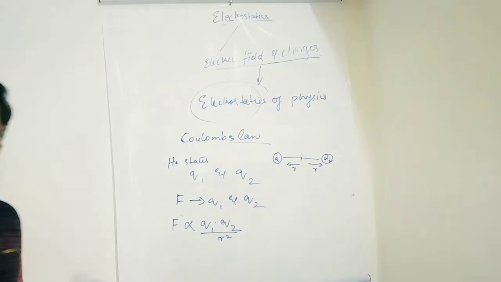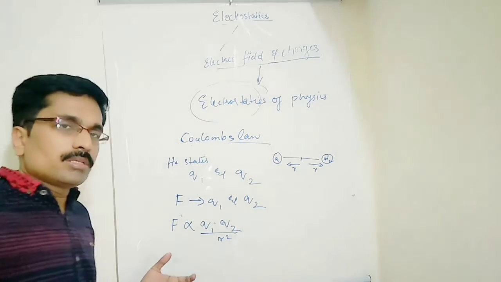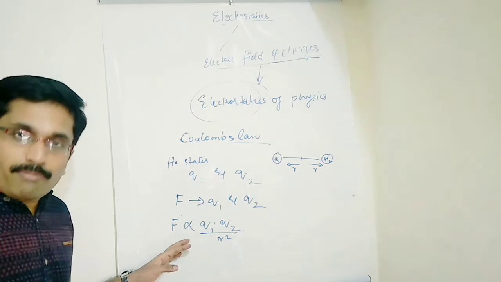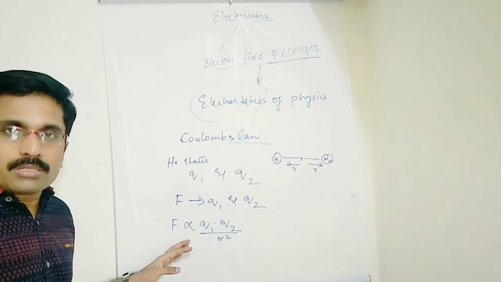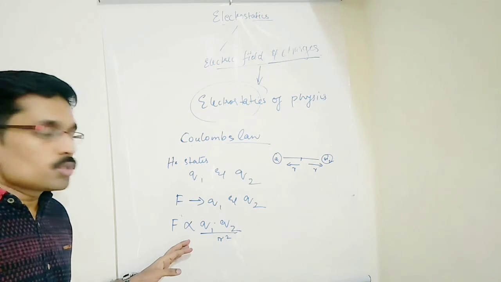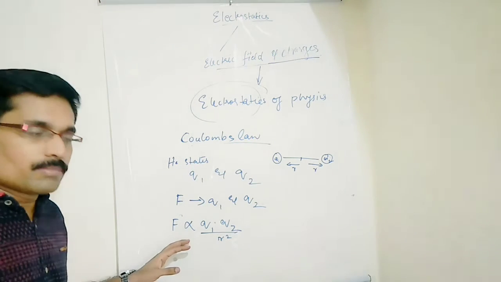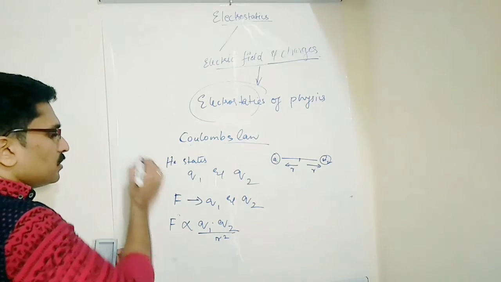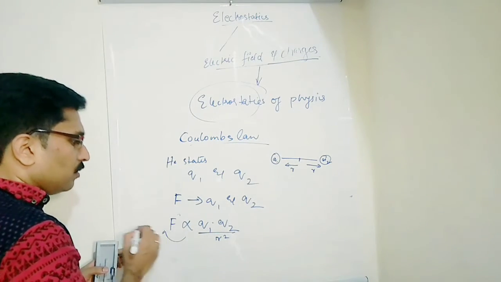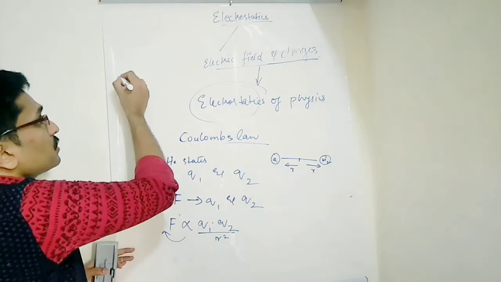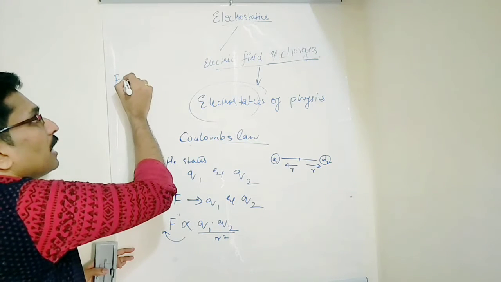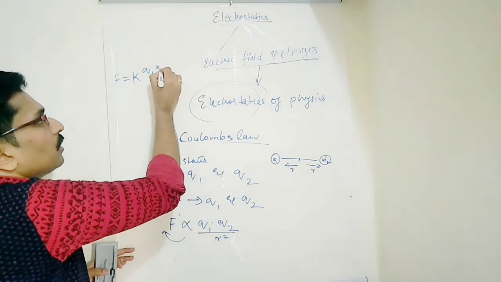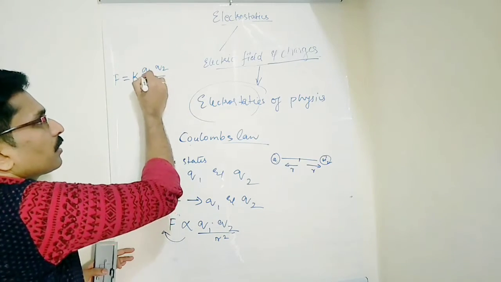I used to tell my students that wherever we put a proportionality sign in physics, we use a constant. So in Coulomb's law, F is equal to K Q1 Q2 by R square.